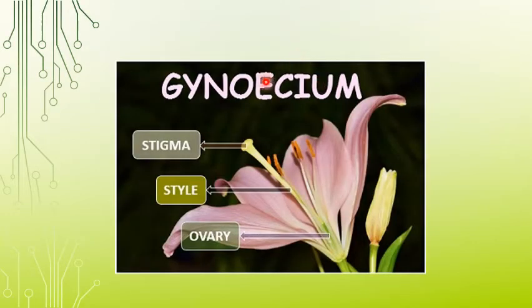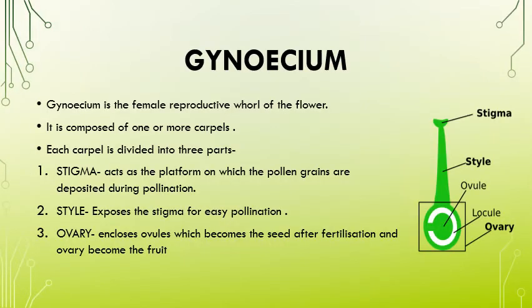Next is the gynoecium, which is the female reproductive part and consists of three parts, that is stigma, style and ovary. So the gynoecium is the female reproductive whorl of the flower. It is composed of one or more carpels. Each carpel is divided into three parts: stigma, style and ovary.